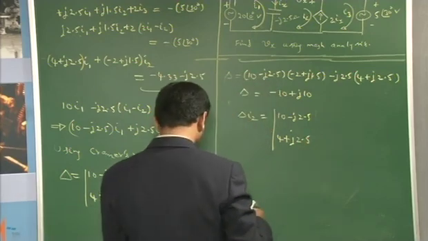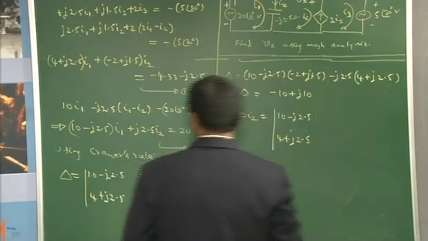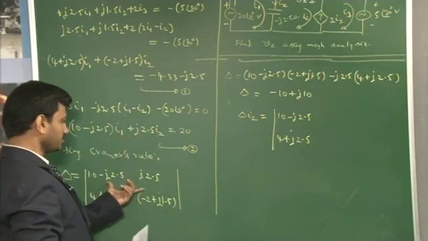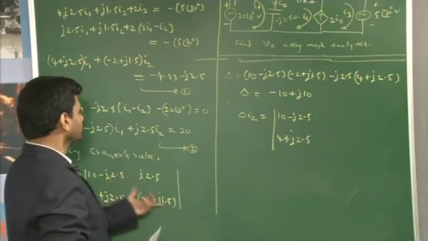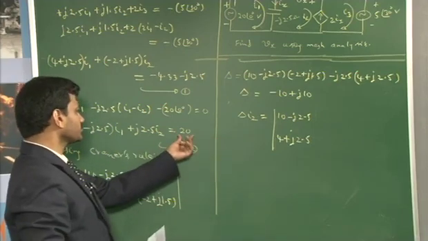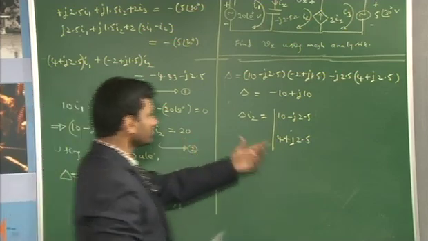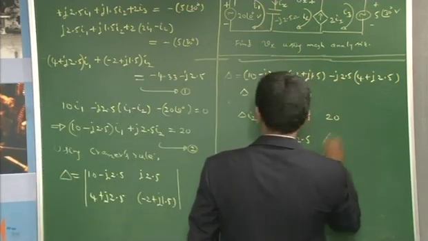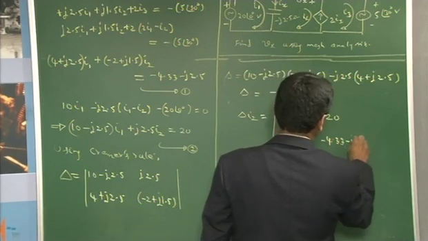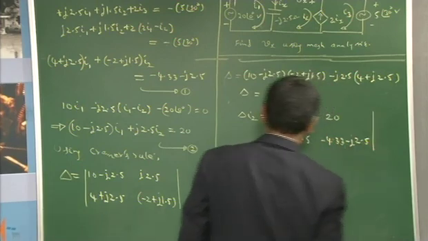Then the right hand side: the first row had been the coefficients of the second equation here. So, even the right hand side, when you are substituting in the second column, the element corresponding to the second equation should come as the first element. So, 20, and then here minus 4.33 minus j2.5.